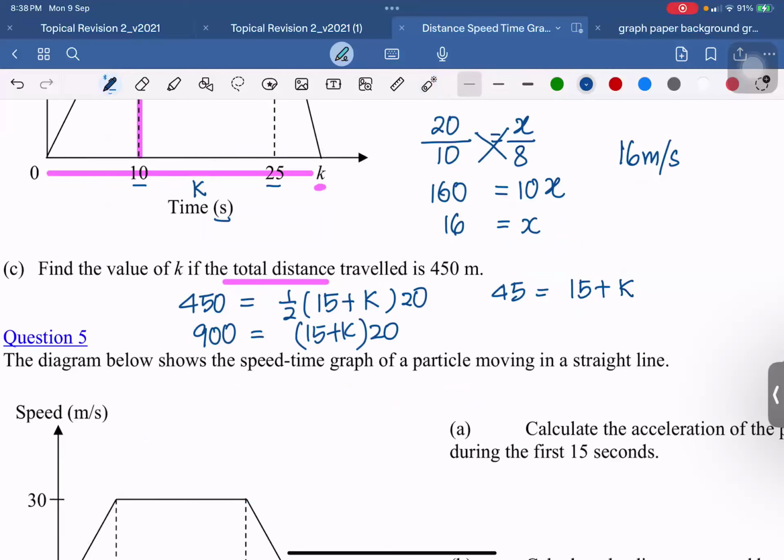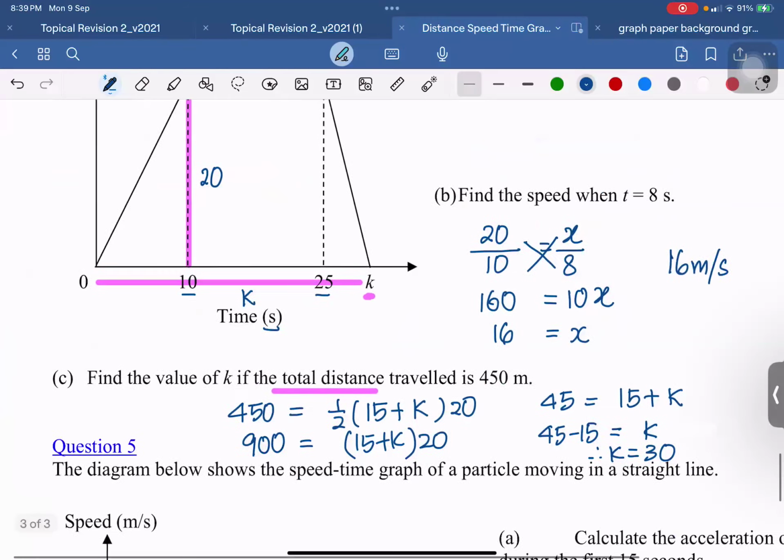What is k? Move 15 over, minus, so 45 minus 15, how much is k? 30. 30, answer.